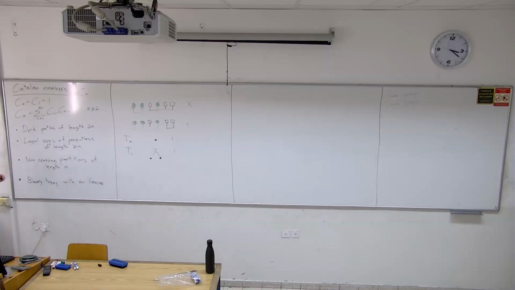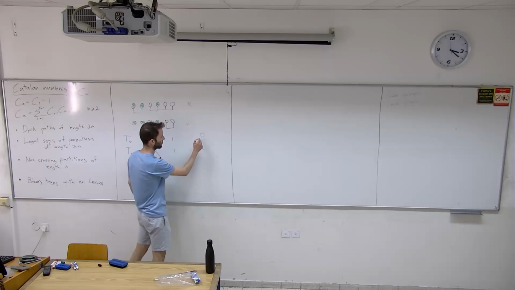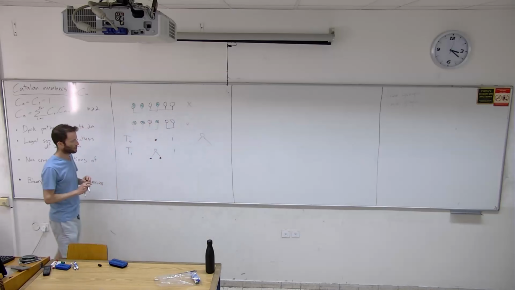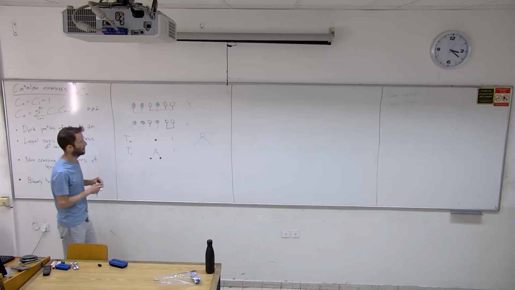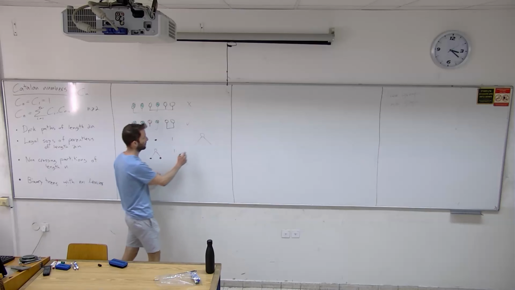This fits the definition. And now I want to be able to write down a recursive relation. So let's think about binary trees. Then there's two which may be leaves and may not be.